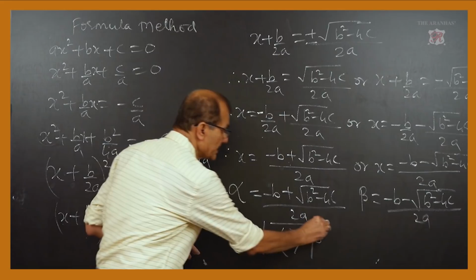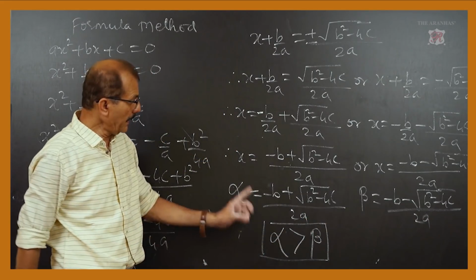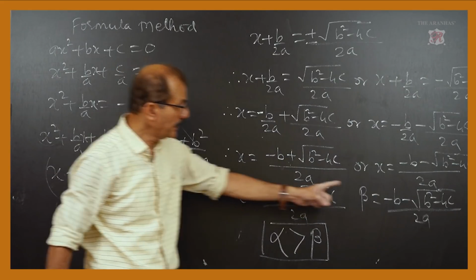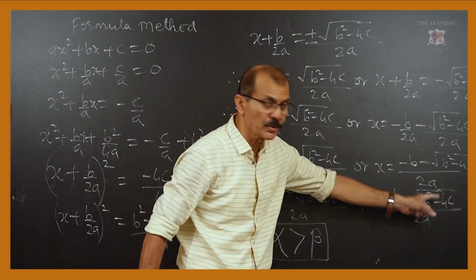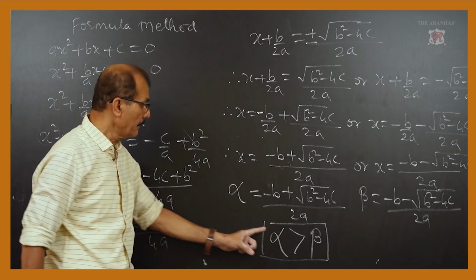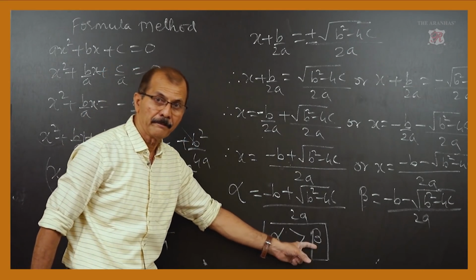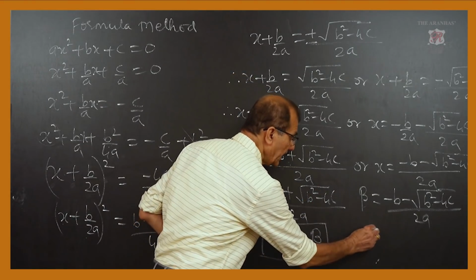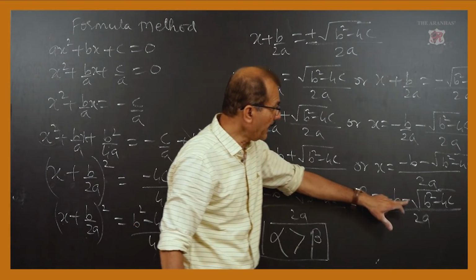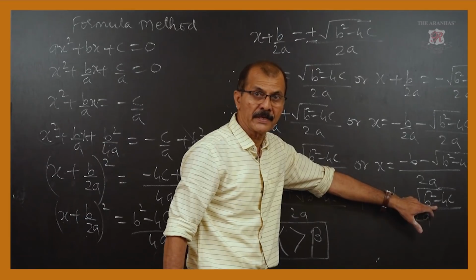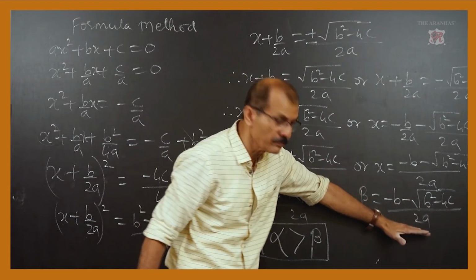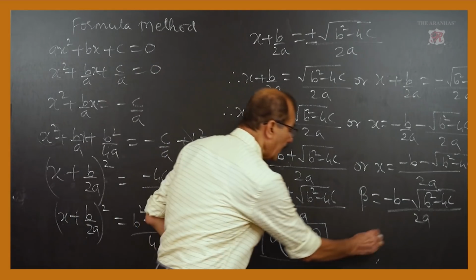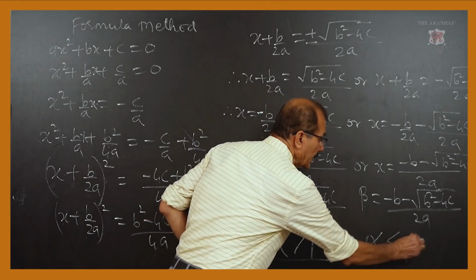Do not forget this. If my alpha is minus b plus root and my beta is minus b minus root, in that case my alpha will be bigger than beta. On the other hand, if alpha is minus b minus root of b square minus 4ac, means if alpha takes this value and beta takes the other value, in that case alpha will be less than beta.